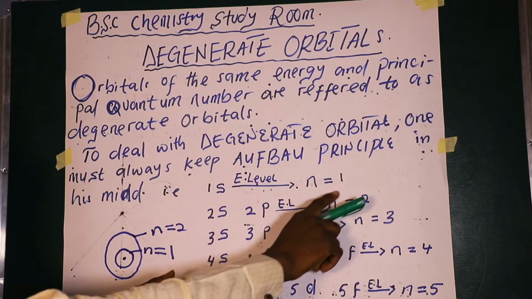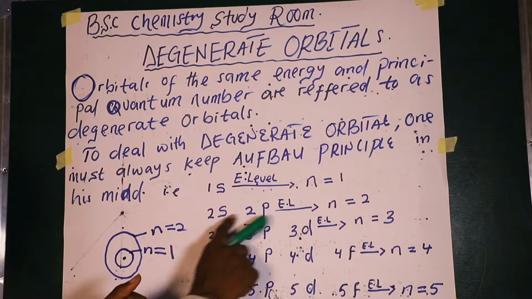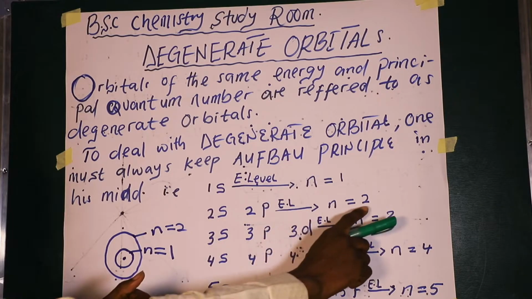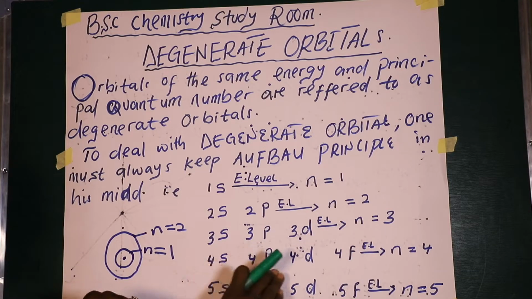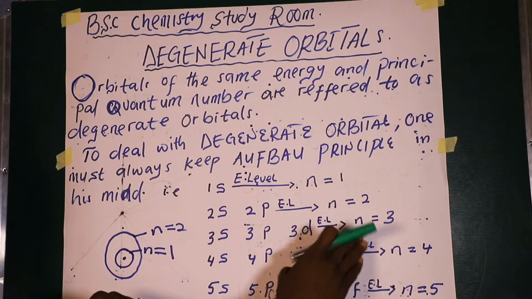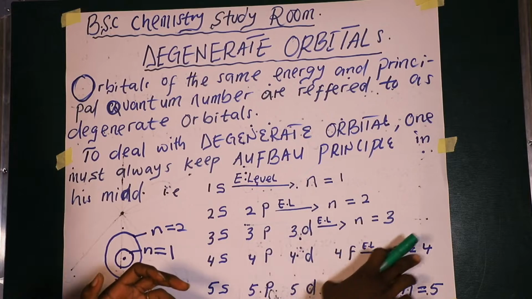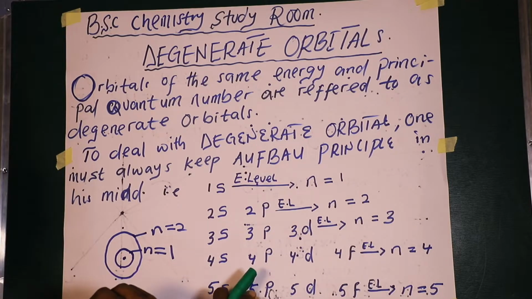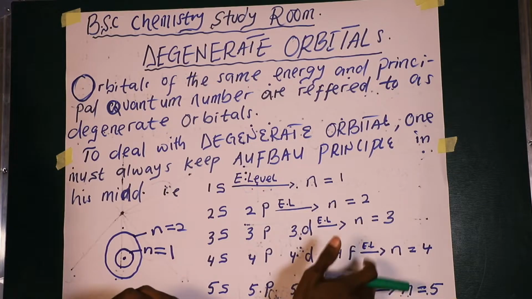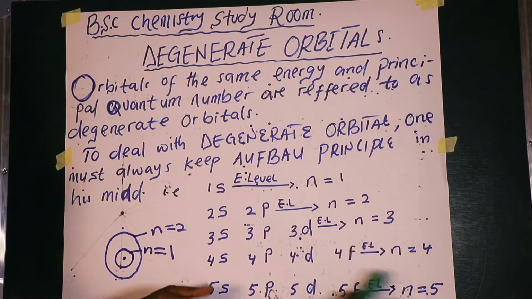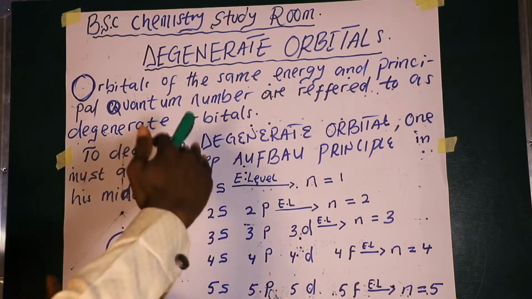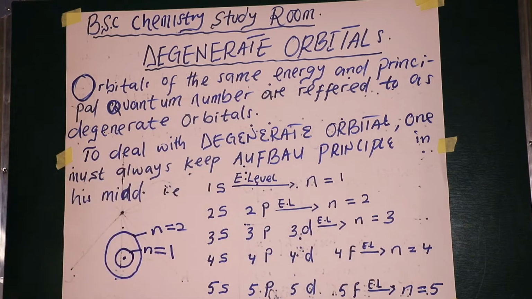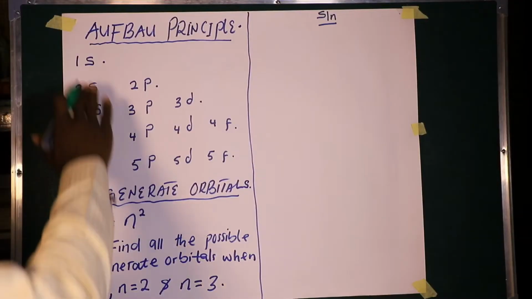So 1s shows where n is equal to 1, 2s shows where n is equal to 2, 3s, 3p, 3d where n is equal to 3, 4 where the energy level n is equal to 4, and 5 where the energy level n is equal to 5. So this is telling us that as n is increasing, or the shell is increasing, the energy level of an atom is also increasing.